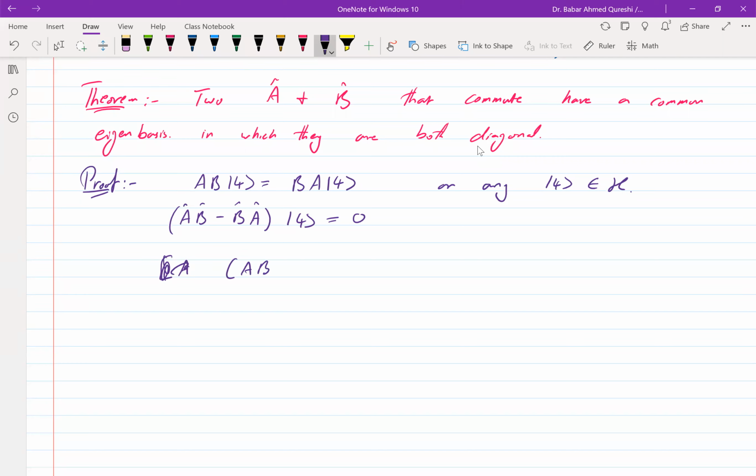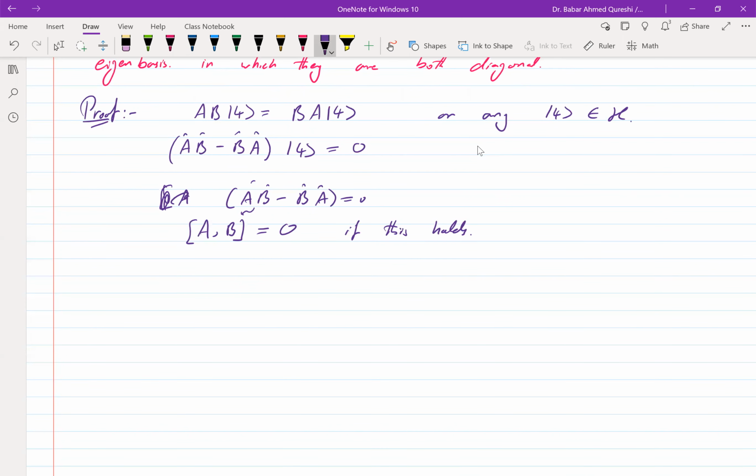It's understood that as operators, this is true. This notation is the commutator. So the statement is that if this holds, then they both can be simultaneously diagonalized, and there will be a basis consisting of eigenvectors which are common to both.